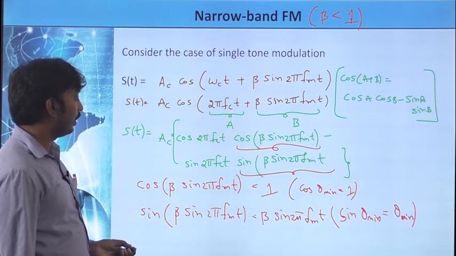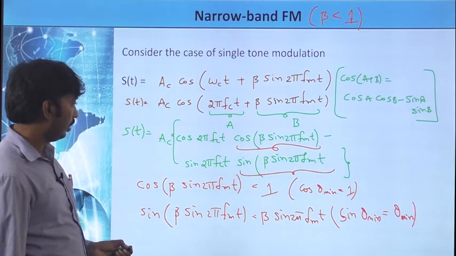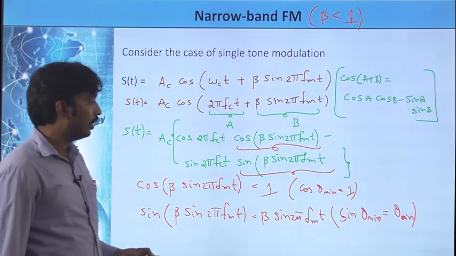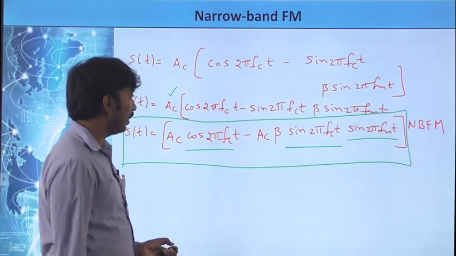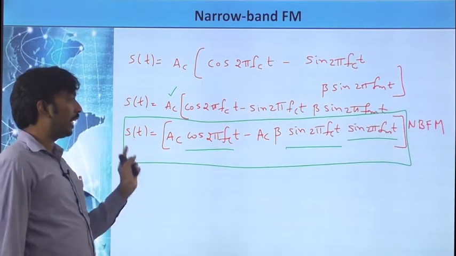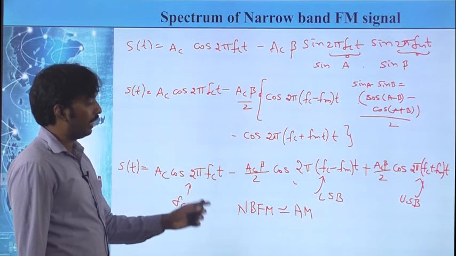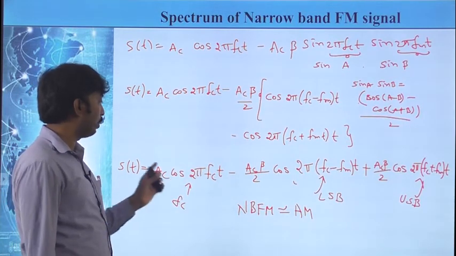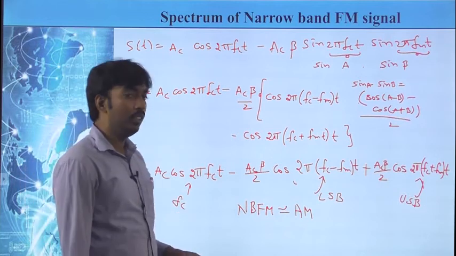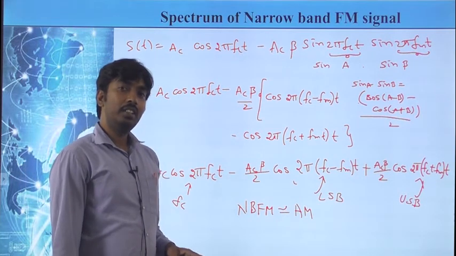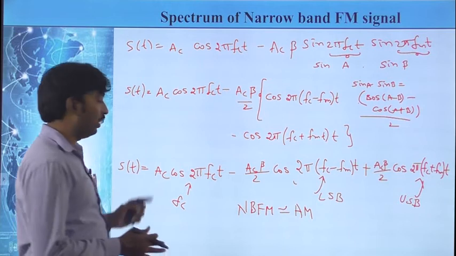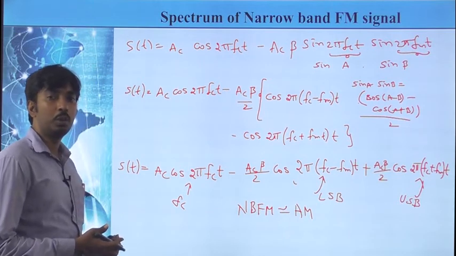And because of that, harmonic distortion comes into the picture. And if you see this expression, the time domain AM and the time domain narrowband FM are the same. That means the amplitude of the modulated signal is also fluctuating.